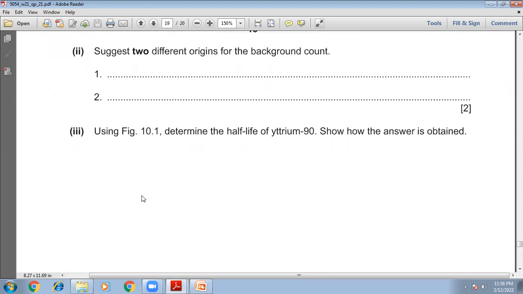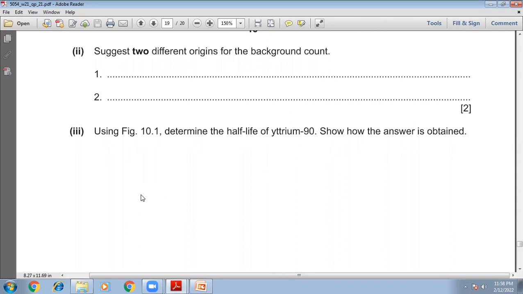He says, suggest two different origins for the background count. You know, the background radiation, which is present always around us, there can be many reasons. One of the famous reasons is the cosmic rays coming from the outer space onto the ground. Another reason can be there might be some rocks in your area which have minerals which are radioactive.